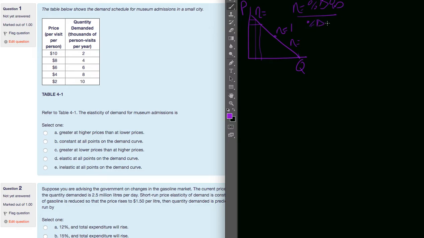Here I have a very small percentage change in price relative to the percentage change in quantity, so this would be larger at the top than at the bottom. Here I would have elastic, a number above 1. It doesn't have to be 3, but above 1.